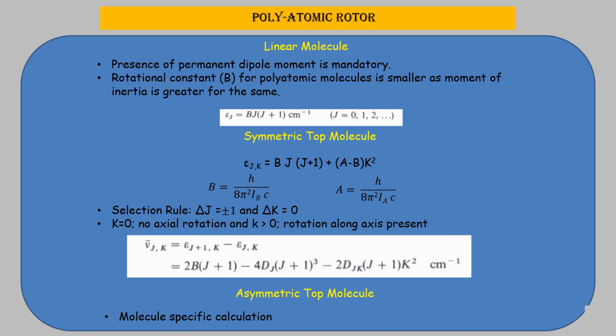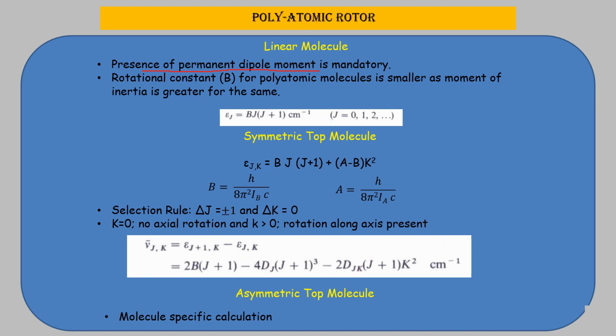Now we will discuss polyatomic molecules. The first one is the linear molecule. In the linear case, the concept of the diatomic molecule is modified a bit when we are discussing rotational spectroscopy. Definitely, the presence of a permanent dipole moment is a necessity for showing rotational spectroscopy, whether it is a diatomic or a polyatomic molecule.